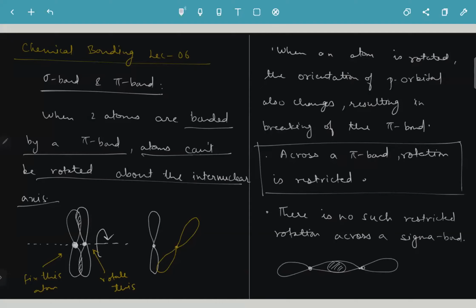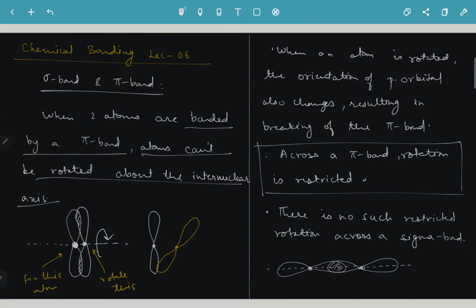Okay. When we rotate the atom along the internuclear axis, the p orbital along the internuclear axis remains along the internuclear axis. The rotation does not result in any change in the orientation of that p orbital which is along the internuclear axis.